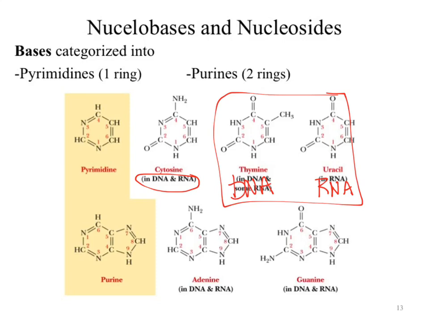What does DNA stand for? Deoxyribonucleic acid. What we're referring to, this is our nucleo portion, for our nucleobases. The ribo is going to be the sugar.